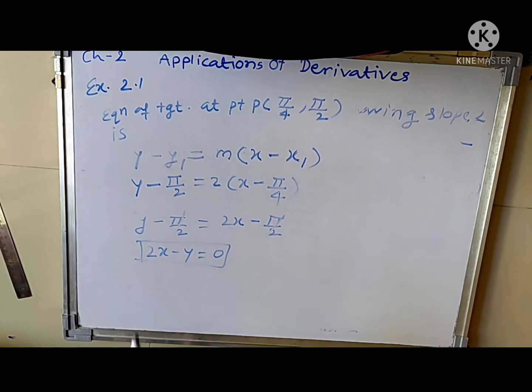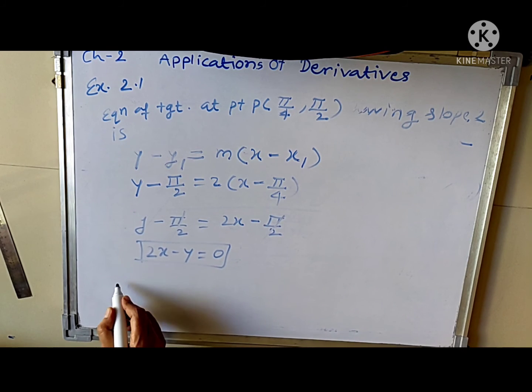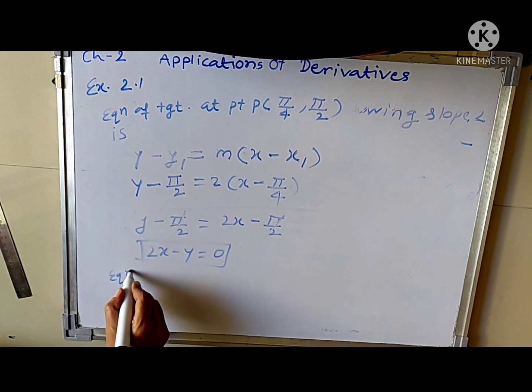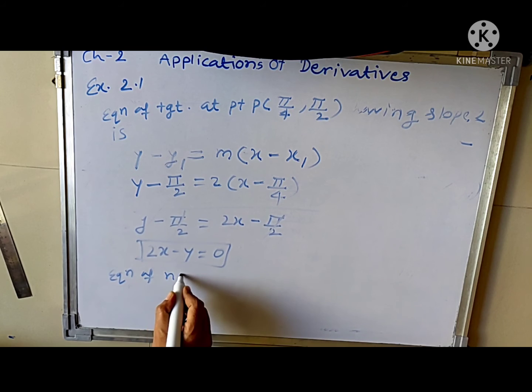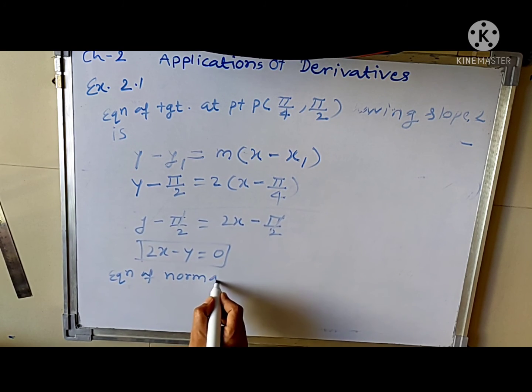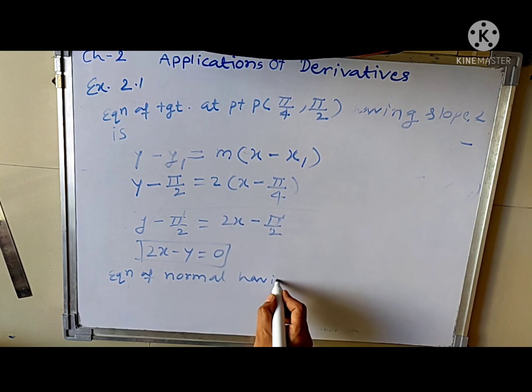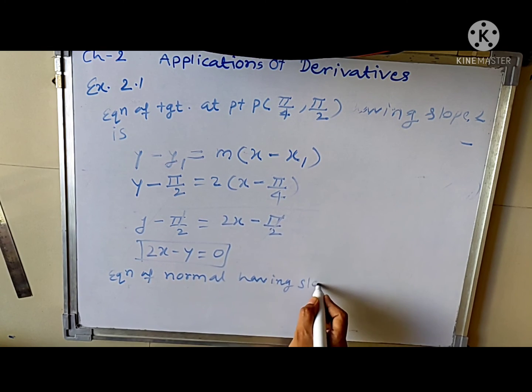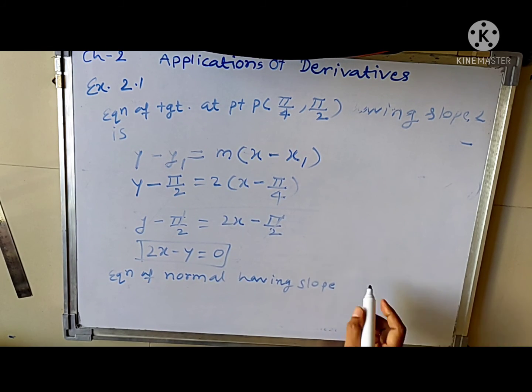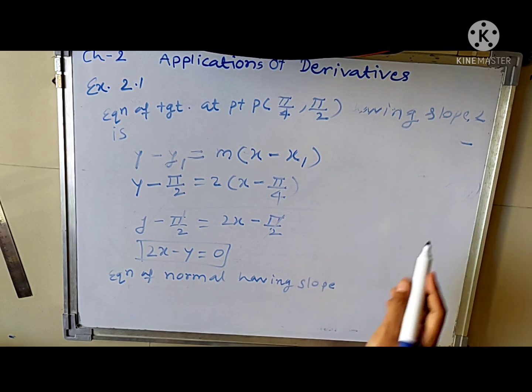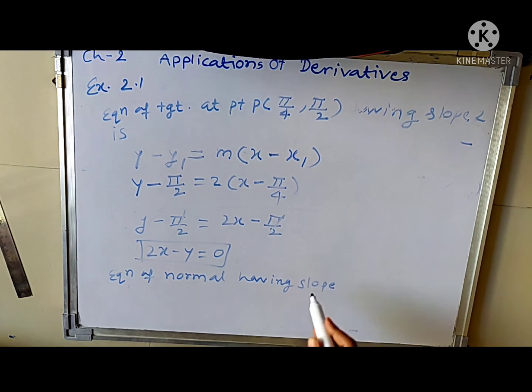It is the equation of the tangent. Then what is the equation of normal? Equation of normal having slope. Tell me, children, what is the slope? Here the slope of tangent is 2. Therefore the slope of the normal is minus 1 by 2.